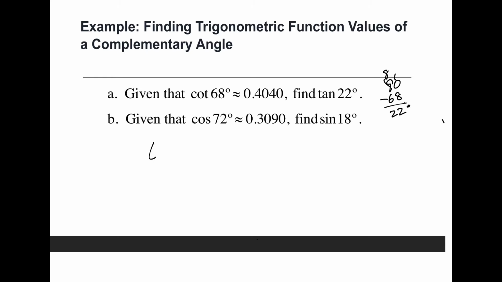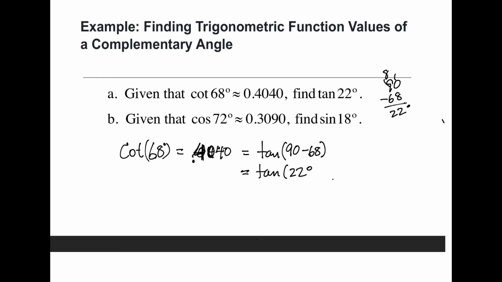So if the cotangent of 68 degrees is equal to 0.4040, then the tangent of 90 minus 68 degrees, or tangent of 22 degrees, is going to be equal to the same amount.